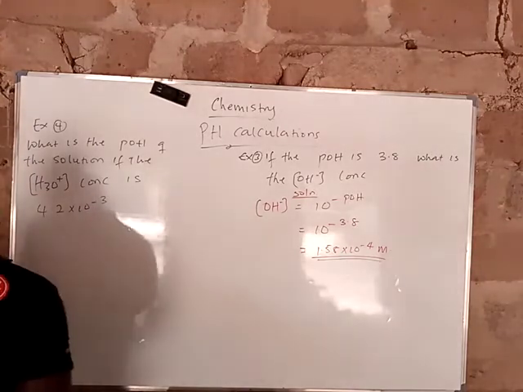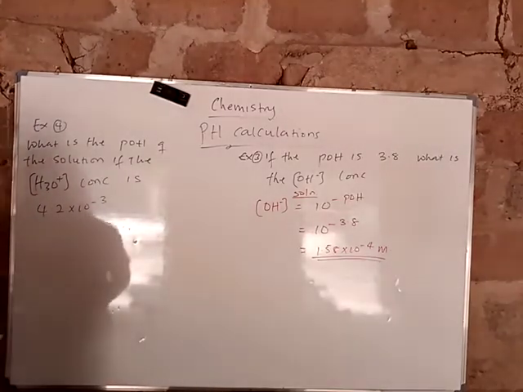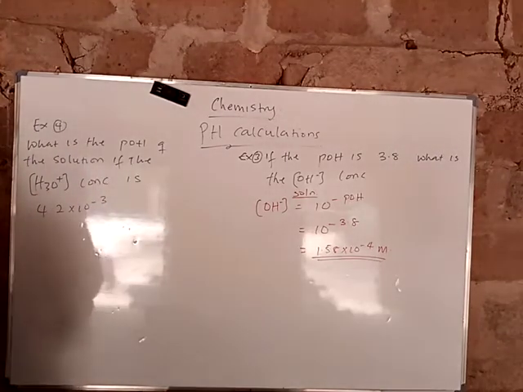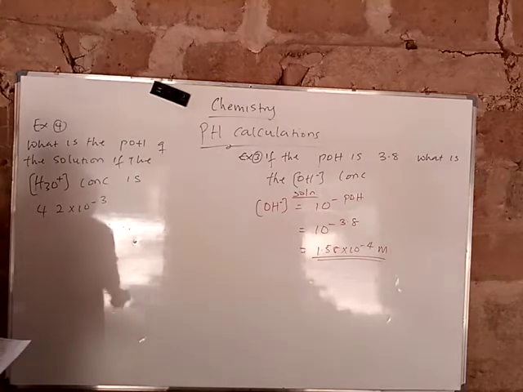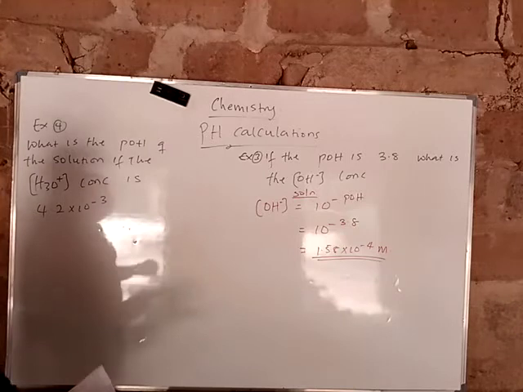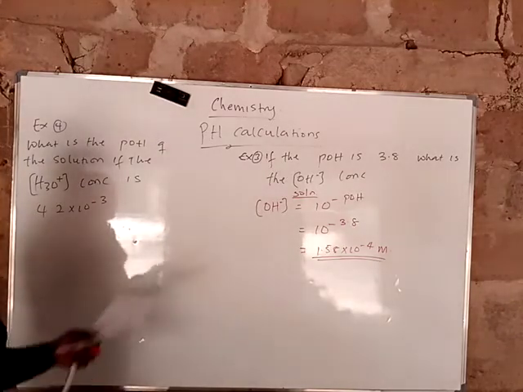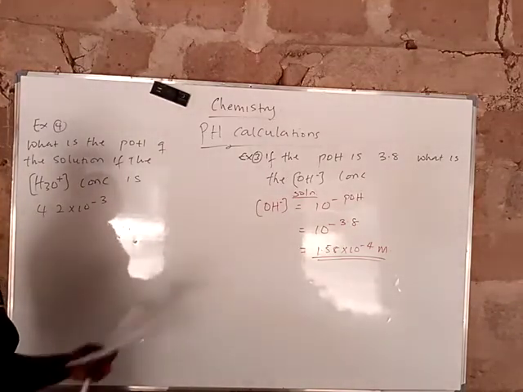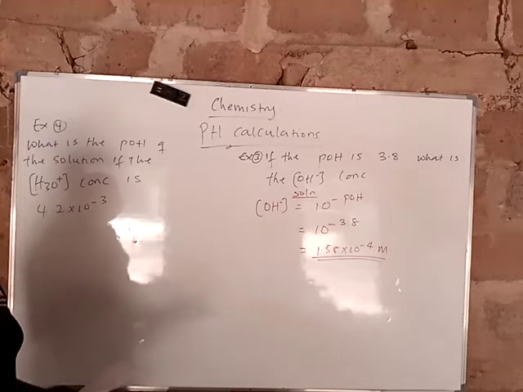Now, example number 4. What is the pOH of the solution if the hydronium ion concentration is 4.2 times 10 to the power minus 3? Pause the video and solve it. Check the formula to use from our part 1 video.